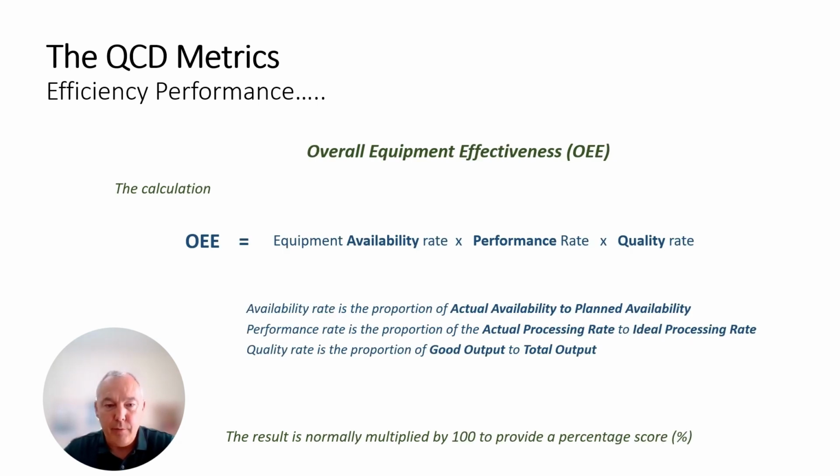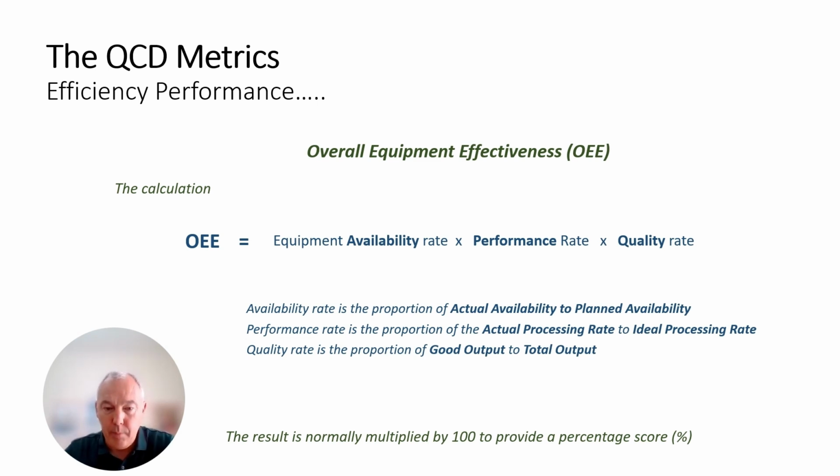The next area of efficiency performance measurement is that which we would use to determine the cost effectiveness of our plant or equipment. And that metric is called overall equipment effectiveness. Overall equipment effectiveness is an extremely tough metric because it's made up of a compound of three separate elements.